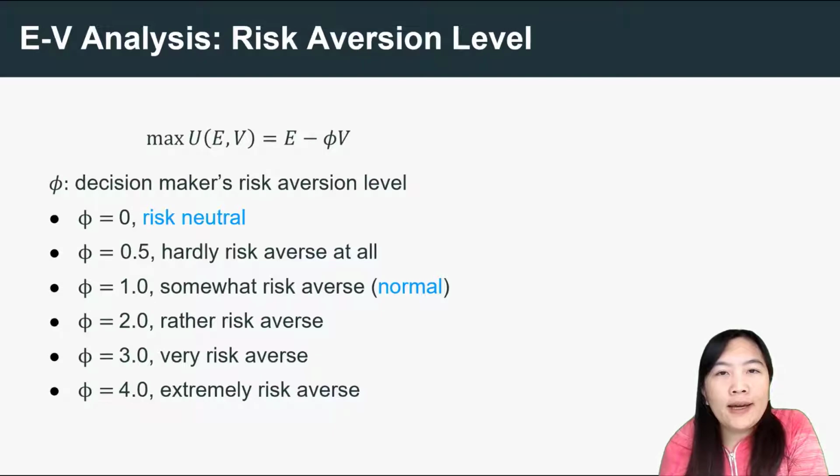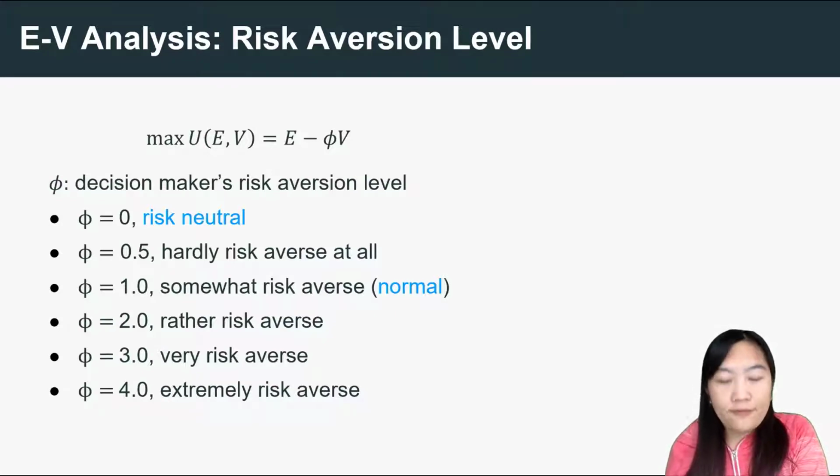Let's look at the term that's the easiest in the objective function, and that's phi here. So phi is the decision maker's risk aversion level, and usually we can use different numbers to denote the different levels of risk aversion.